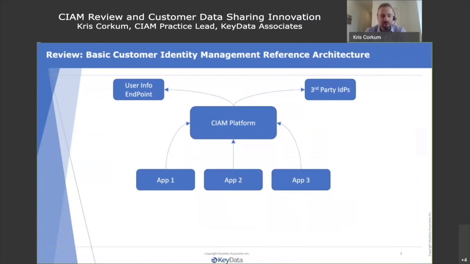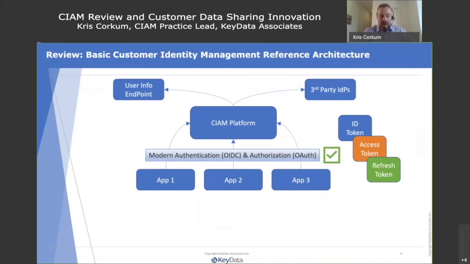So applications are integrated with the CIAM platform, as we talked about, using OpenID Connect for centralized authentication and authorization. After login in OpenID Connect, an identity token that represents the user, an access token that gives access to the user info endpoint, and refresh tokens to get new access tokens when the access token expires are issued to applications.